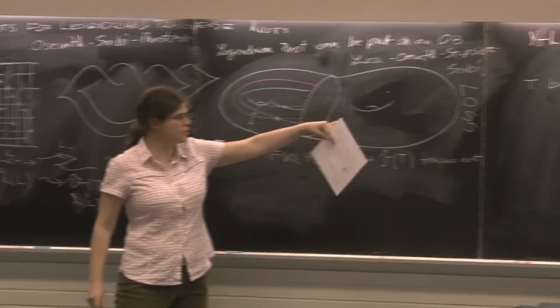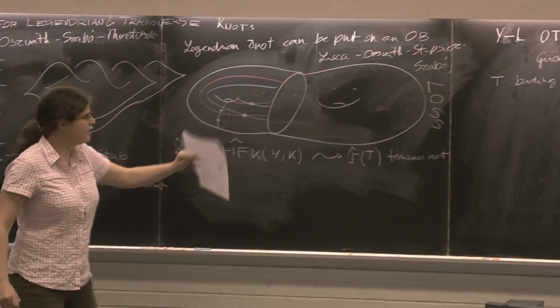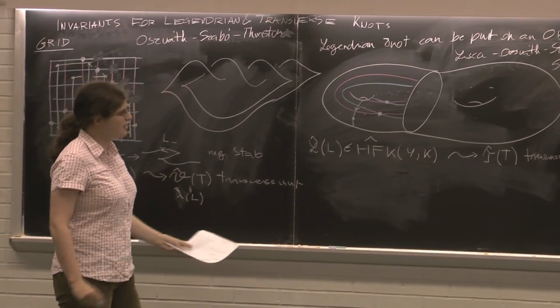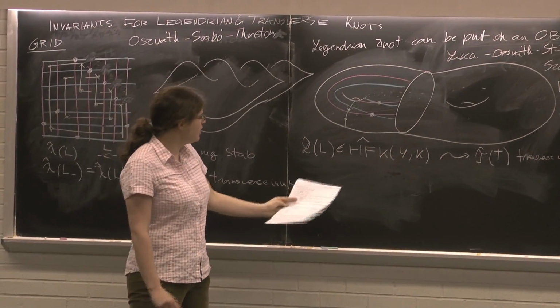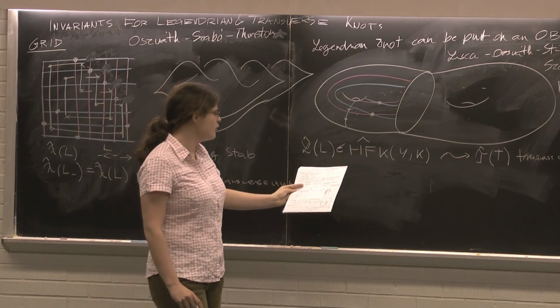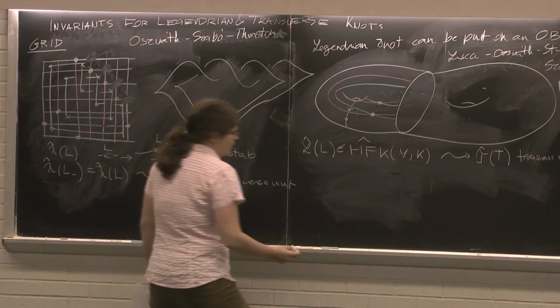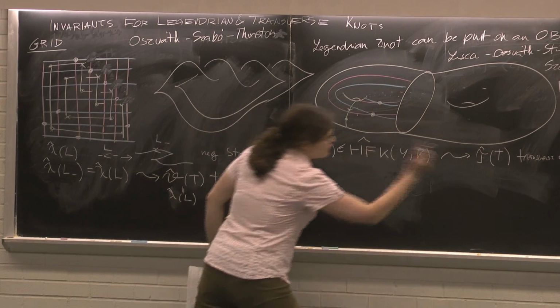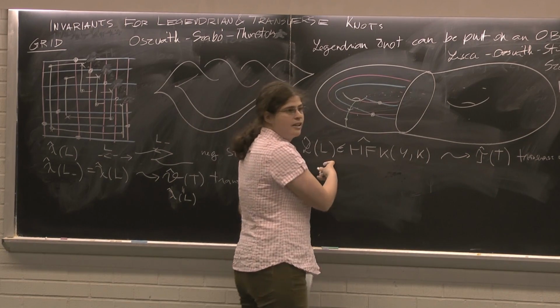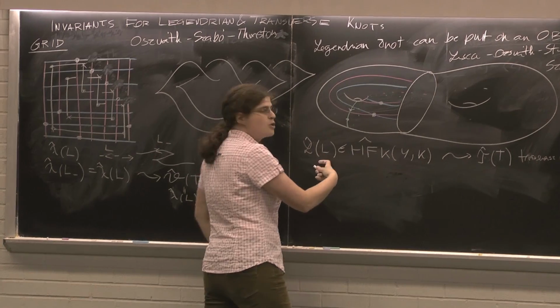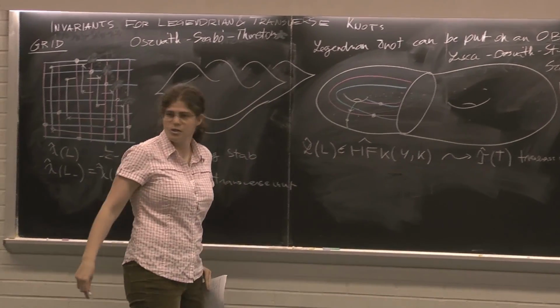So this is a result of Shea, and the way he proved it is that he realized how, if you have a Legendrian knot, you can make a transverse knot out of it. Or rather, if you have a transverse knot, how you can easily see its Legendrian invariant in Heegaard Floer homology.